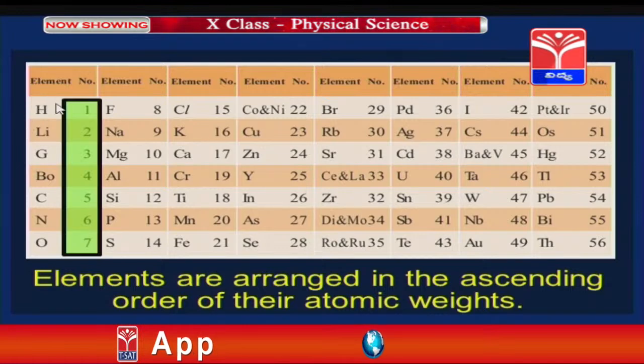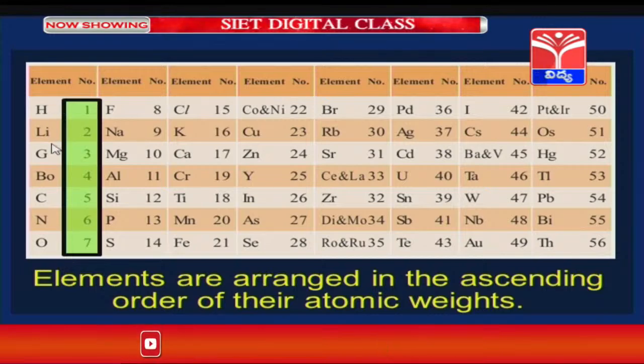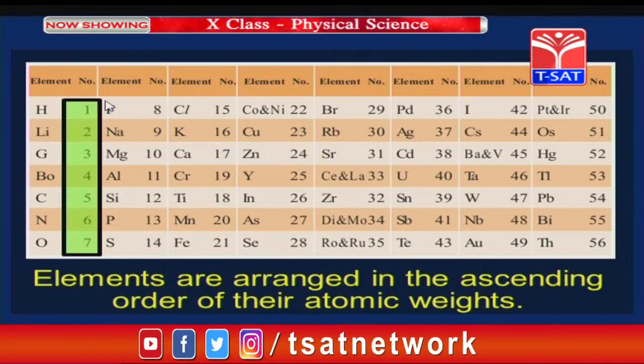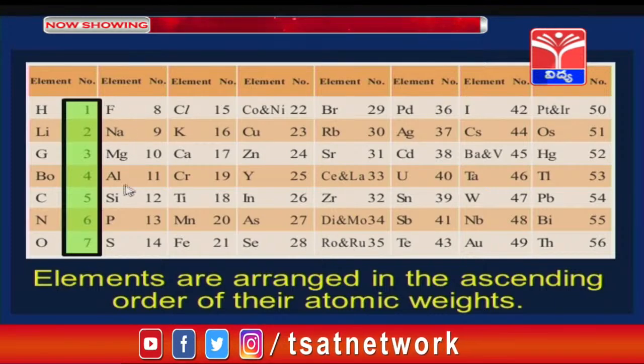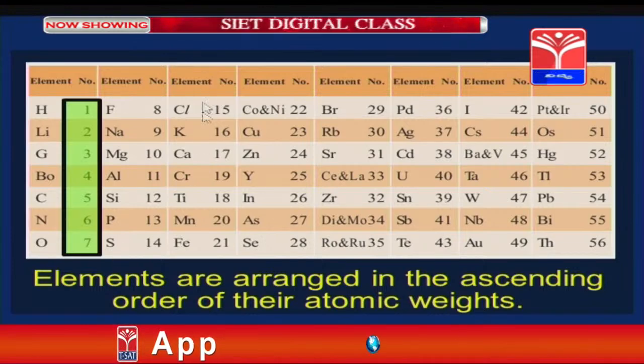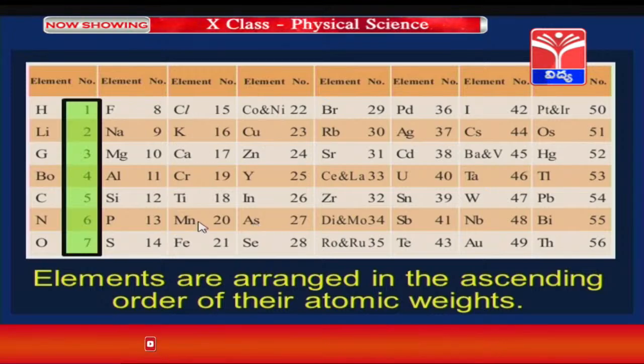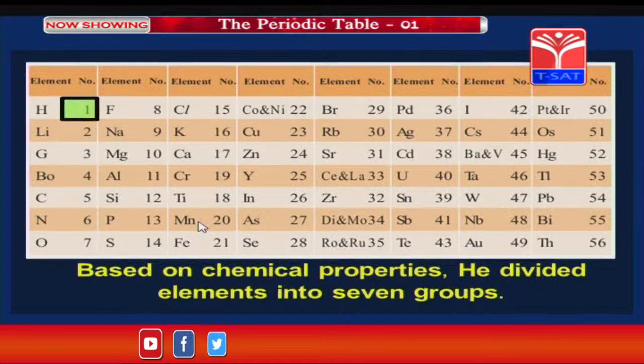The atomic weights in a group are also continuously increasing in order: hydrogen, lithium, carbon, nitrogen, oxygen, like that. Here fluorine, sodium, magnesium, aluminum, silicon, phosphorus, sulfur, like this in every group we find that atomic weight is in increasing, that is ascending, order. There are 7 groups in his periodic table.